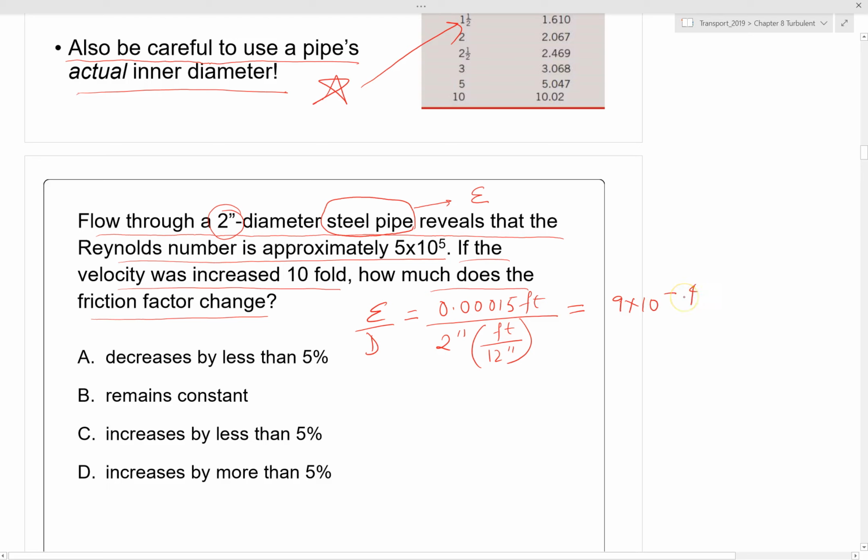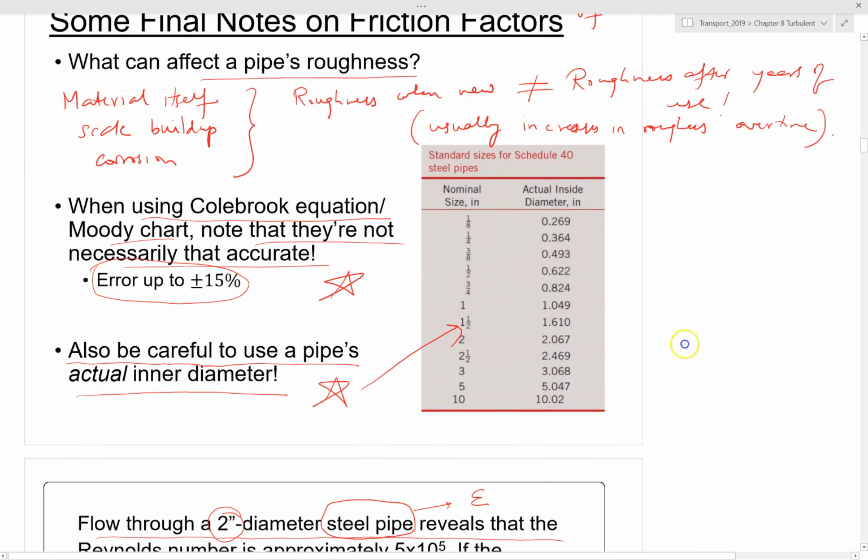Now you have this E over D value and you have to relate it to your friction factor F and Reynolds number, which is 5 times 10 to the power 5. These 3 parameters, which chart gives you that? It is the Moody chart. So let's go back to the Moody chart.